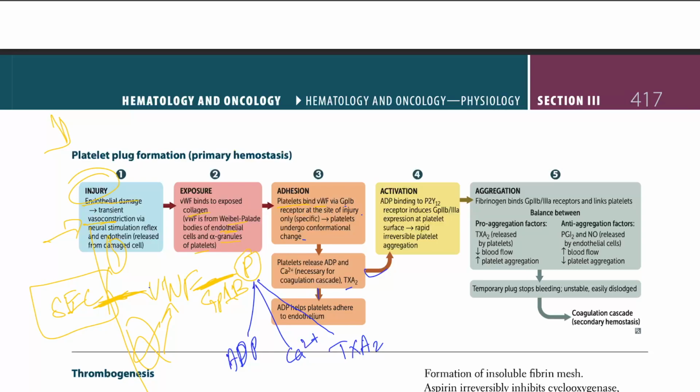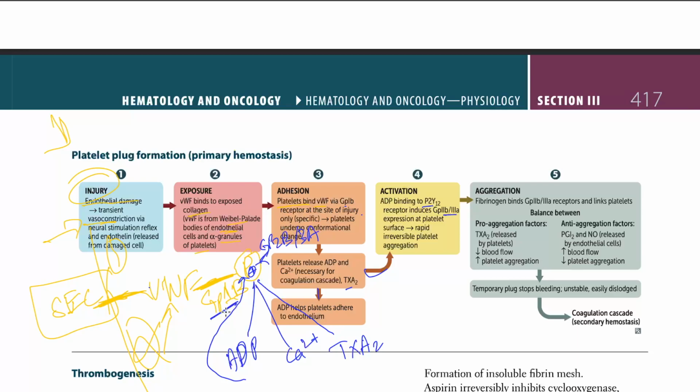ADP now binds to the receptor present on the platelet called the P2Y12 receptor, and that P2Y12 induces a receptor on the platelet surface, which is called GP2B3A.